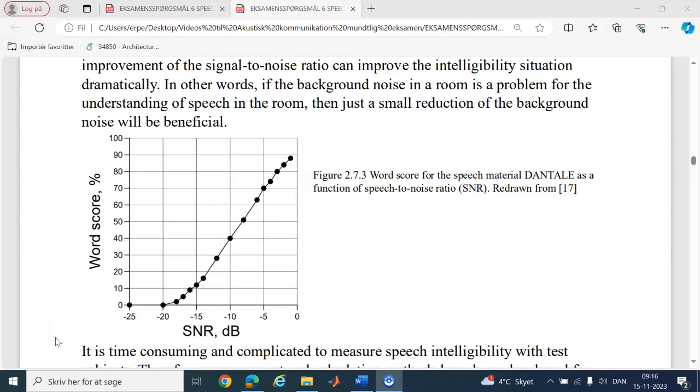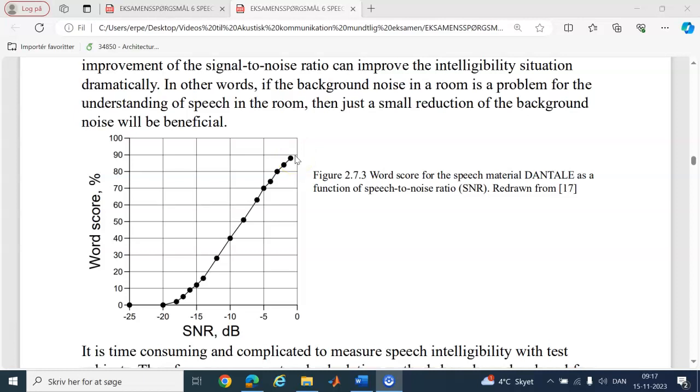Okay, I'll continue with this figure. A word score for speech material dental as a function of speech to noise ratio, SNR. It shows that when SNR in dBs is zero, almost 90% of the words are recognized, a word score of 90%.